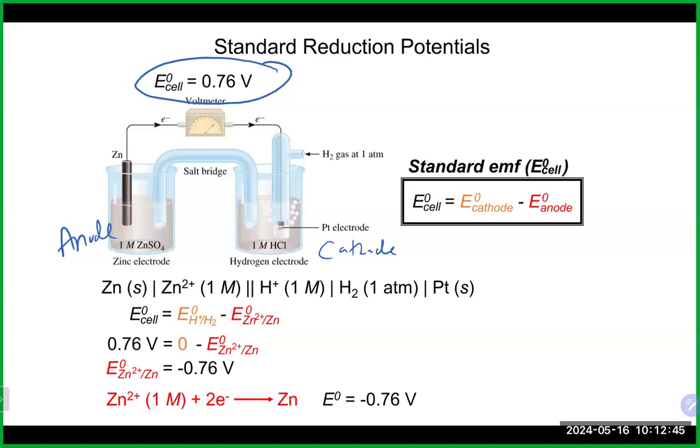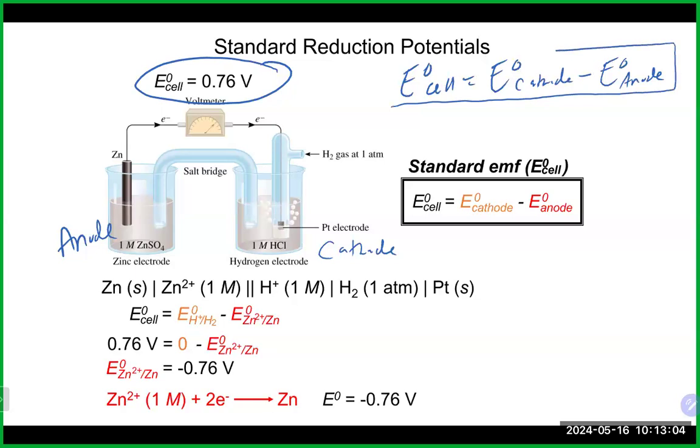Now, they can use an equation here, which is a good equation: E of the cell is equal to E of the cathode minus E of the anode. I'm going to say this now, and it may not make sense to you, but a little later on, hopefully it will.